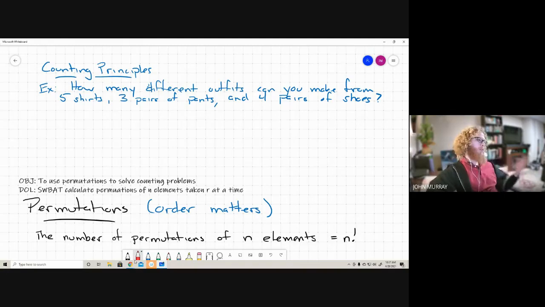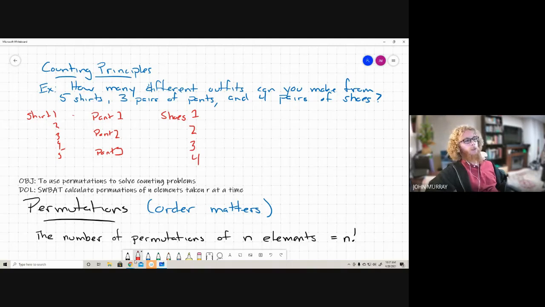Maybe I have shirt 1, shirt 2, shirt 3, shirt 4, and I have 3 pairs of pants, pants 1, 2, 3, and then shoes 1, 2, 3, 4, and I can find all the different combinations. First shirt, first pants, first shoes, and I can count those all up.